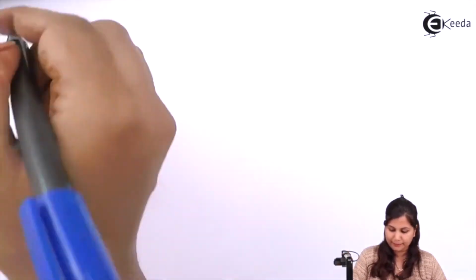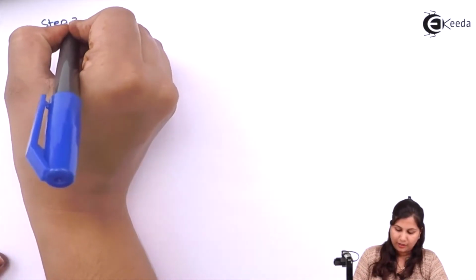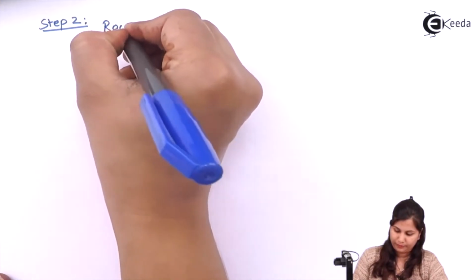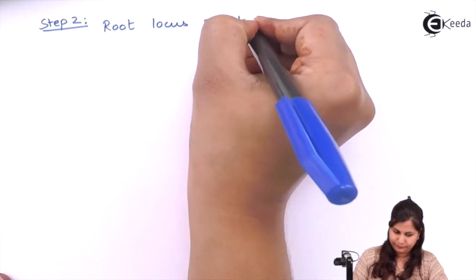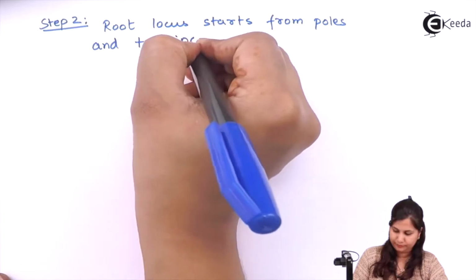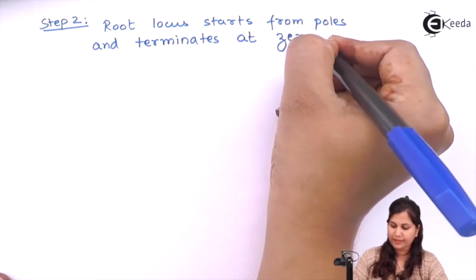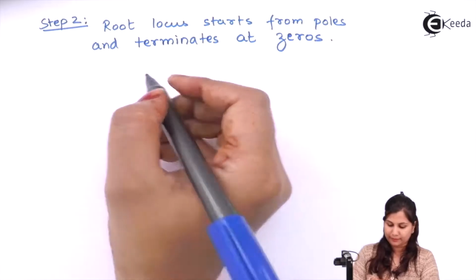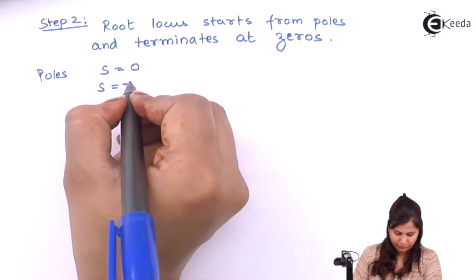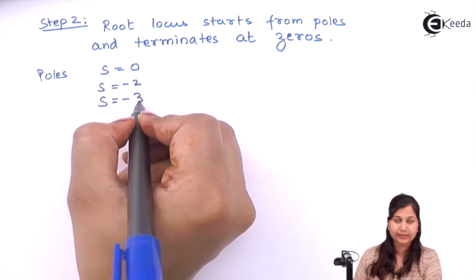Now the second step is the starting and the ending point of the root locus. The root locus starts from the poles and terminates at the zeros. Here we are having 3 poles: s equals 0, s equals minus 2 and s equals minus 3.